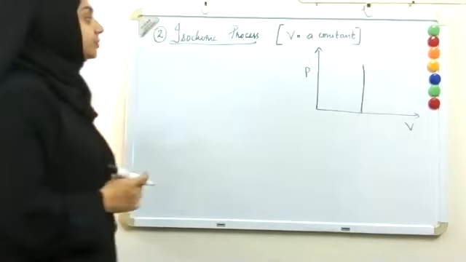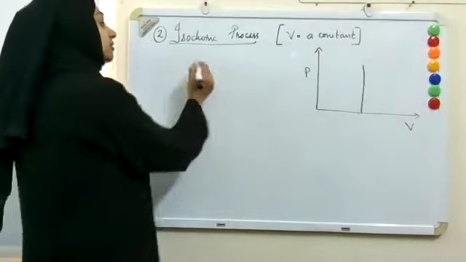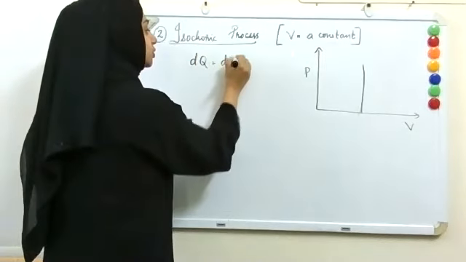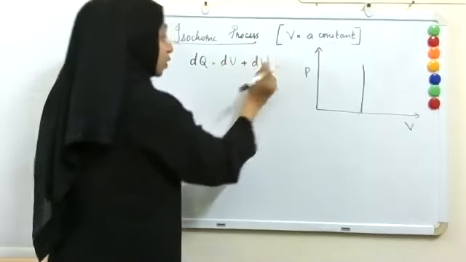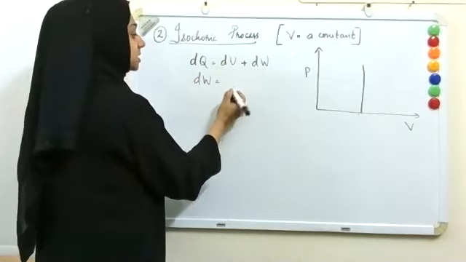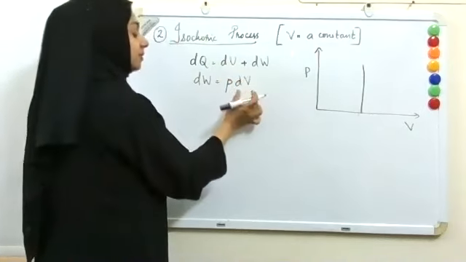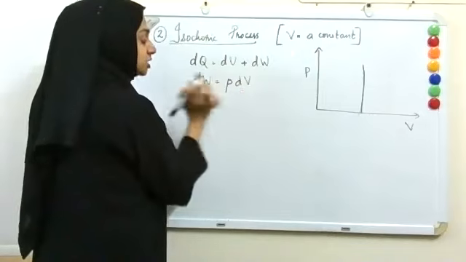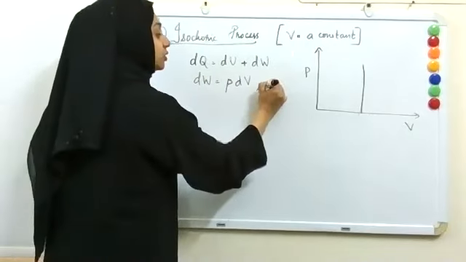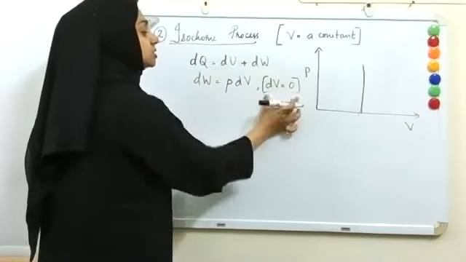Now let us see what happens to the first law of thermodynamics. We know that dQ is equal to dU plus dW, where dW, as we derived in the previous case, is equal to P dV, pressure into change in volume. But in the isochoric process, volume is constant, which means dV is equal to 0.